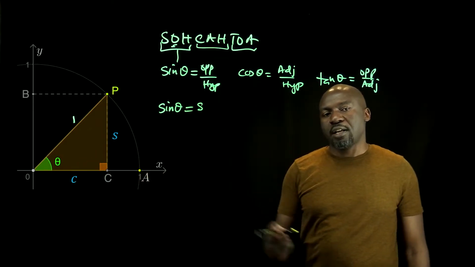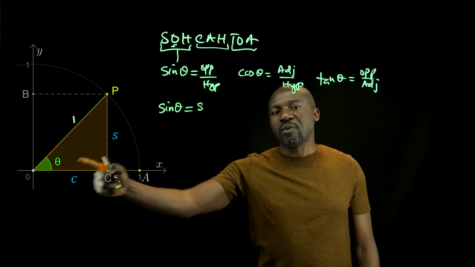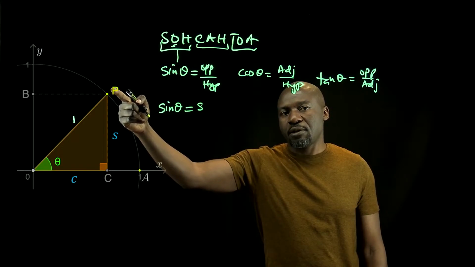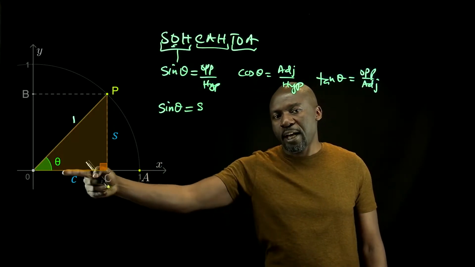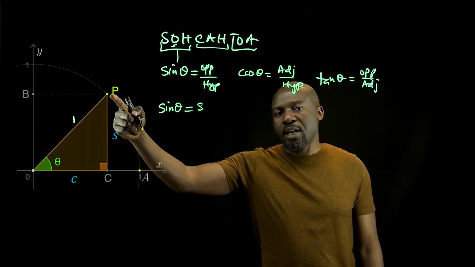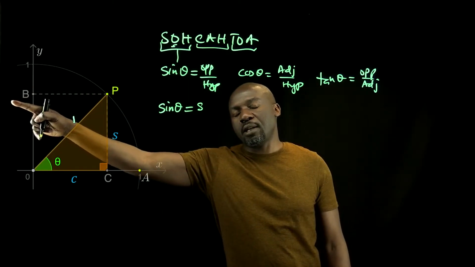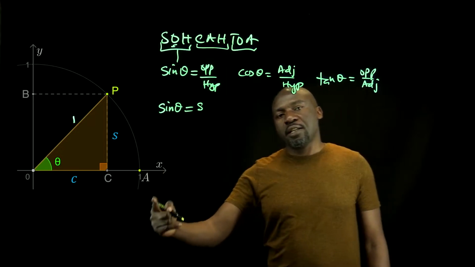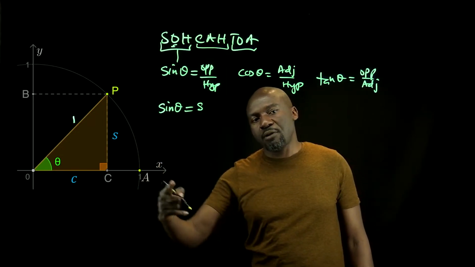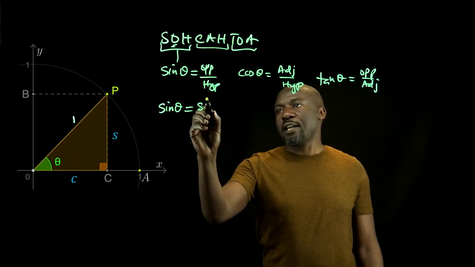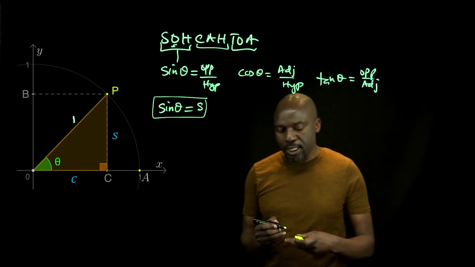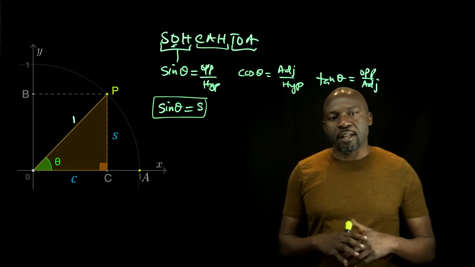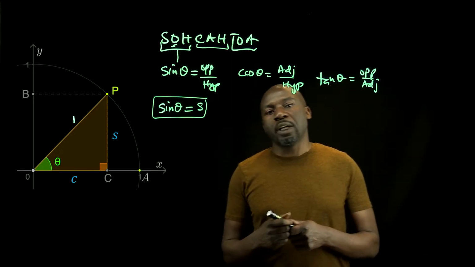By definition, the sine of angle theta on a unit circle is the height, or the vertical distance, of point P from the x-axis. It doesn't matter whether it is in the first, second, third, or fourth quadrant. The vertical distance of point P from the x-axis will be used to define the sine of the angle. So the sine of an angle is the vertical height of any point P on a unit circle, and that height is measured from the x-axis.